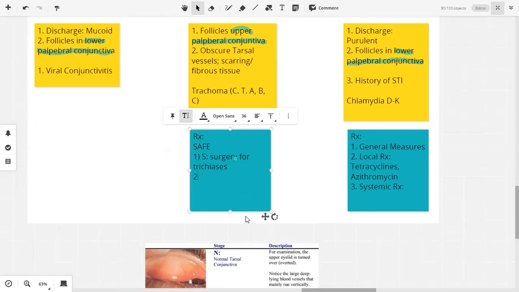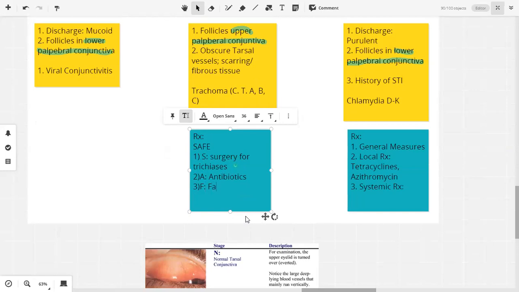The A in SAFE stands for antibiotics. The F stands for facial cleanliness, hygiene. ठीक है?